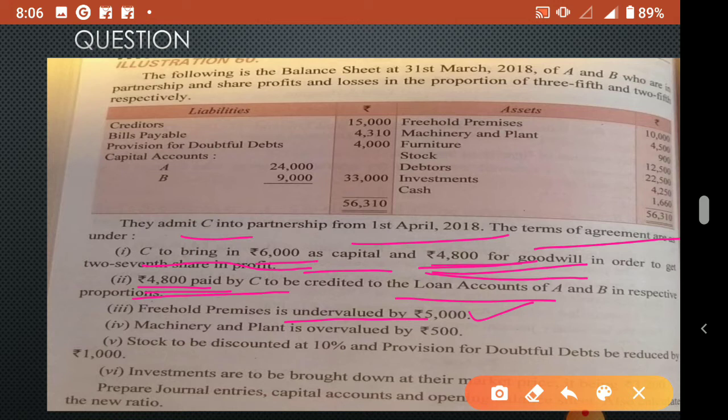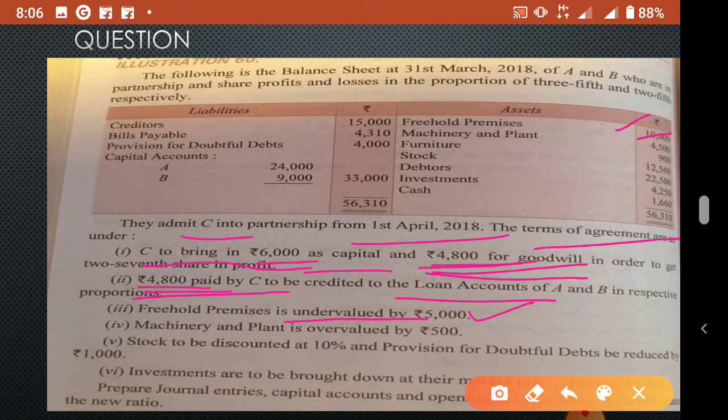Understood? Balance sheet value, how much? Freehold premises 10,000 is there. Now if they are saying undervalued to 5,000, then you have to take the difference between 10,000 and 5,000, so 5,000 will come in the revaluation account.